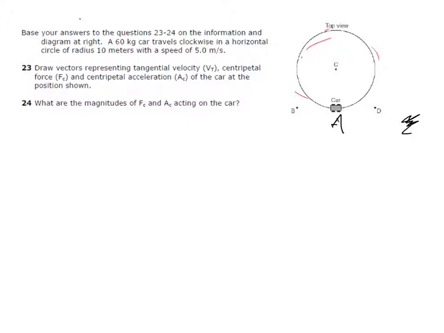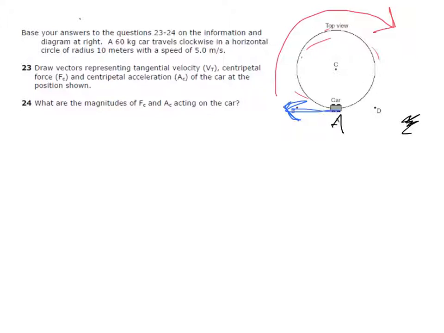In this question, the car is traveling clockwise, so it's traveling around the circle in this direction. It says draw vectors representing the tangential velocity, Vt, the centripetal force, Fc, and the centripetal acceleration, Ac, of the car. Well, the velocity of the car, if we're moving around in a circle, is in this direction.